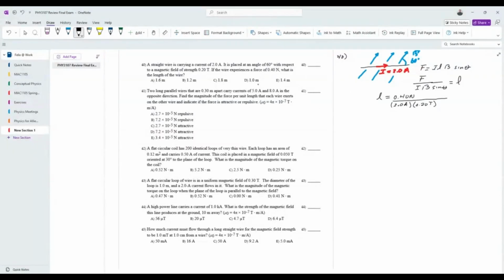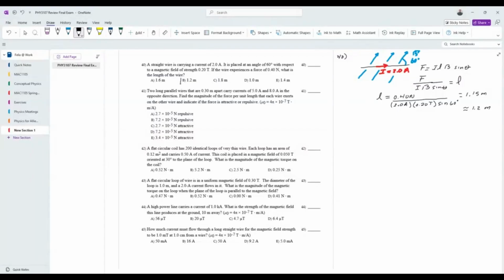What else? An angle of 60 degrees. So now you can calculate the length. And when you calculate the length, you get 1.15 meters, which is approximately 1.2 meters.